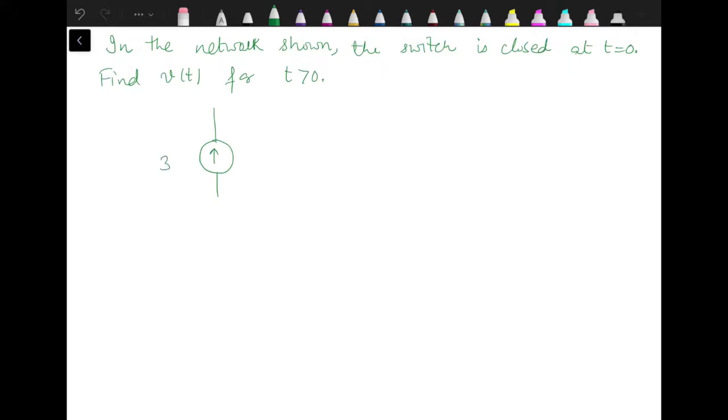Now the network has a current source, a resistance of 0.5 ohm.